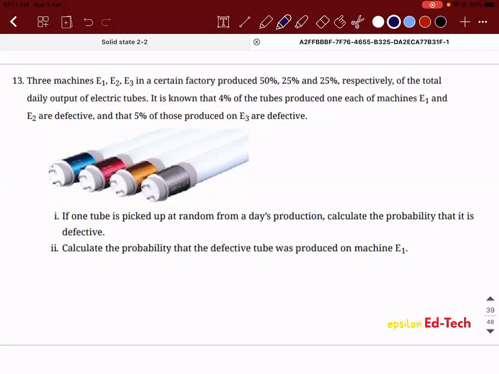If one tube is picked at random from a day's production, calculate the probability that it is a defective piece. How to solve this?